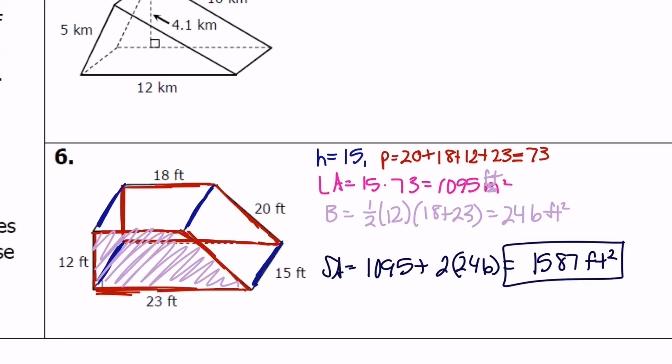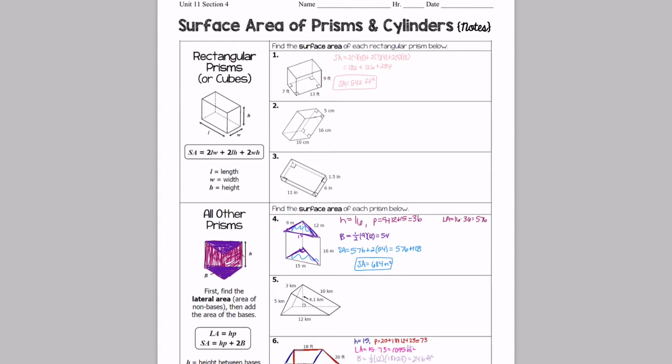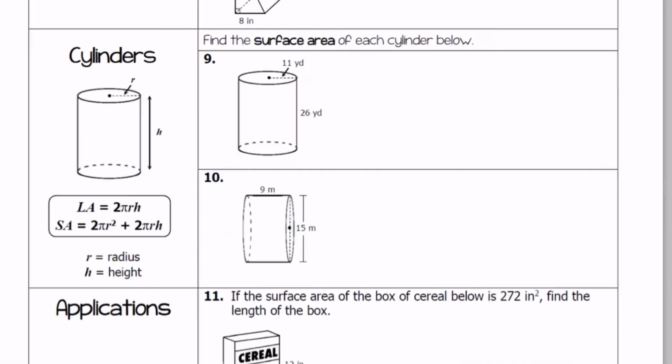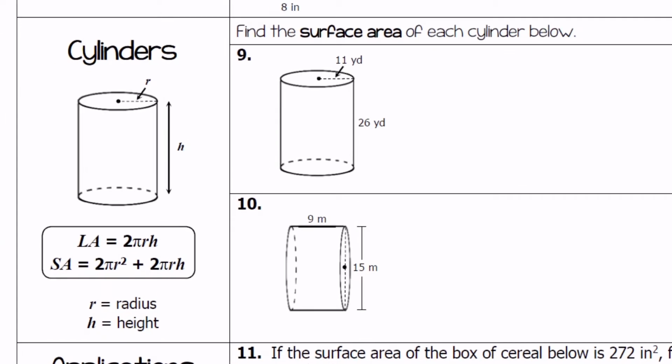So what this means is if I was trying to cover, and I know this is in feet, so this would be a lot, but if I was trying to cover this shape in paper, I would need 1,587 square feet of paper. So 5, 7, and 8 need to be completed. And then let's look at cylinders.